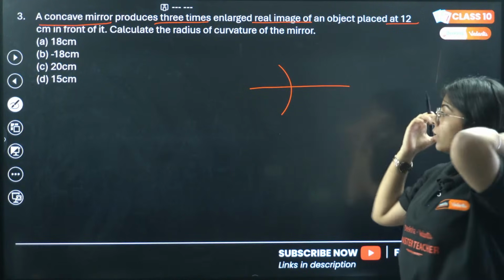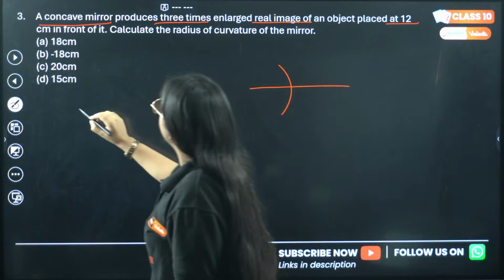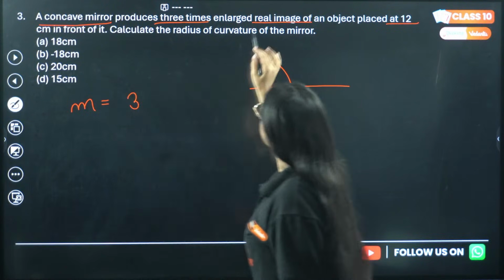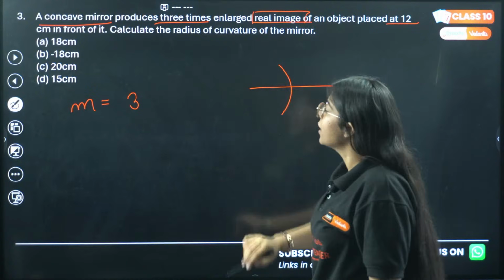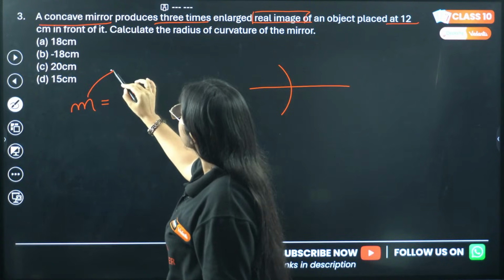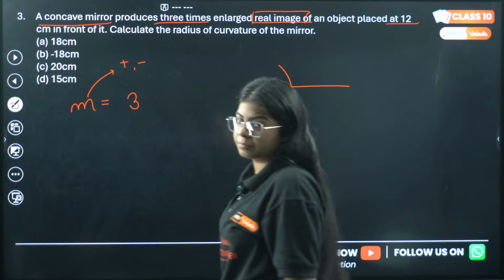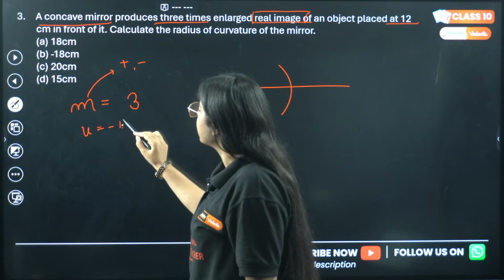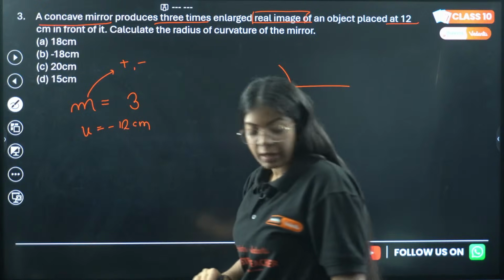Can you let me know the answer to this question? See, my magnification is 3 times, but it is a real image, correct? So will this magnification be positive or negative? My object is at 12 centimeter, so u will also be minus 12 centimeter, correct?